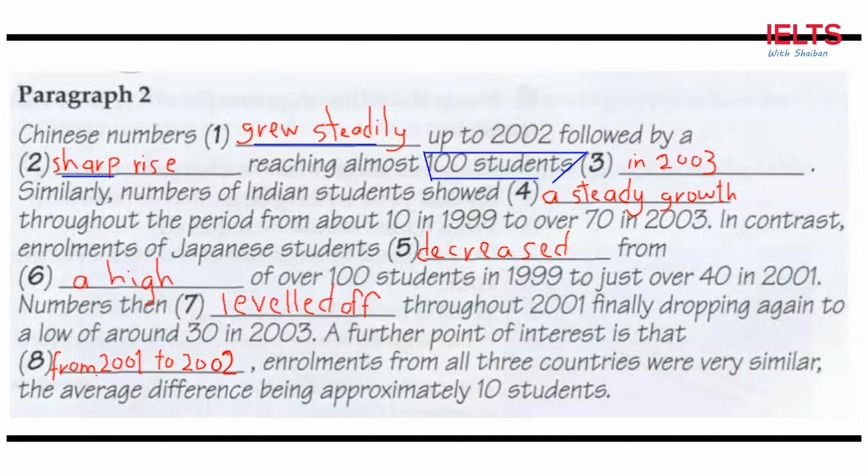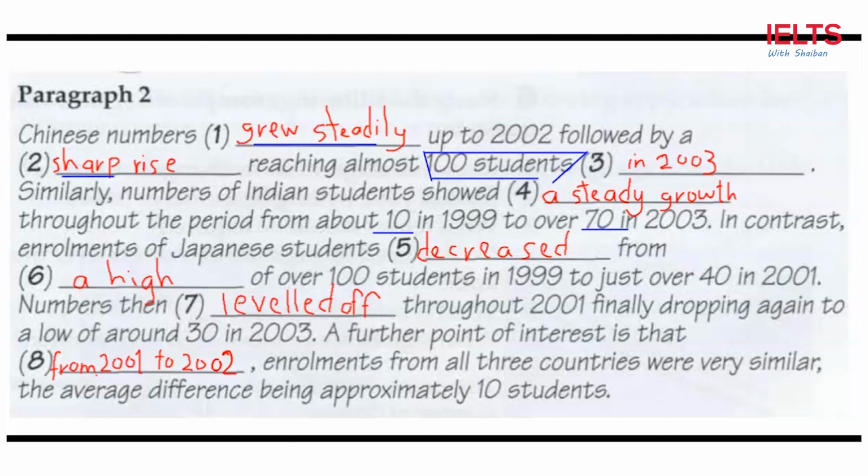Similarly, numbers of Indian students showed a steady growth. So what does steady mean? You have to explain it with numbers. Throughout the period from about 10 to over 70, 2003. So that was 1999, 2000, 2002, 2003. So that's a steady growth from 10 to 70.